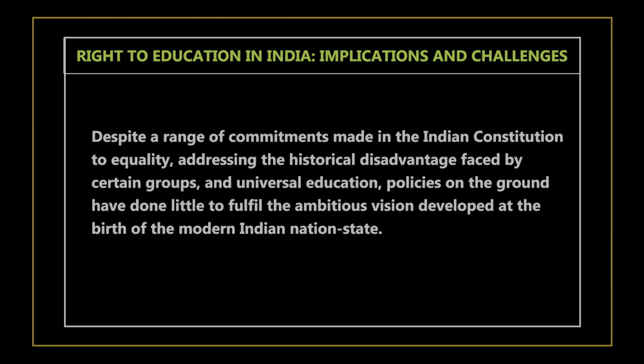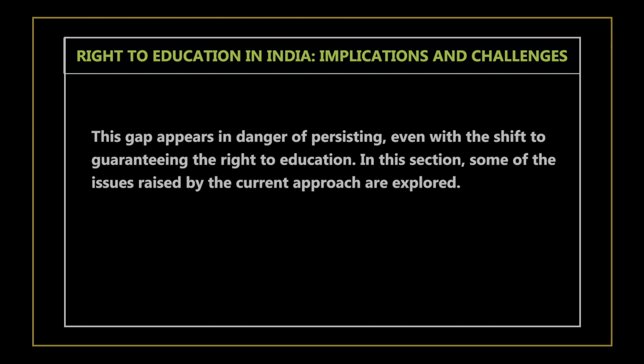Despite a range of commitments made in the Indian Constitution to equality, addressing the historical disadvantage faced by certain groups, and universal education policies, on the ground little has been done to fulfill the ambitious vision developed at the birth of the modern Indian nation state. This gap appears in danger of persisting even with the shift to guaranteeing the right to education. In this section, some of the issues raised by the current approach are explored.